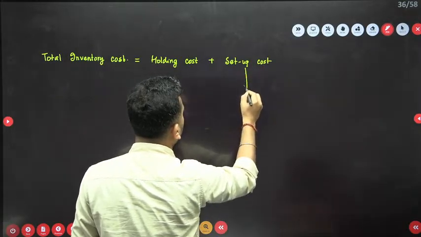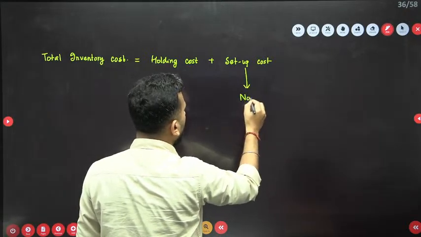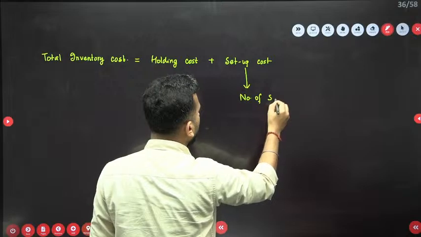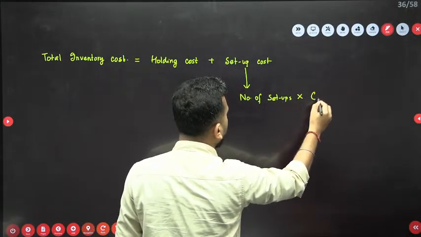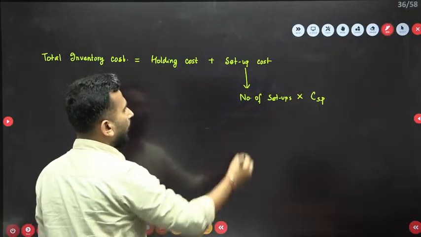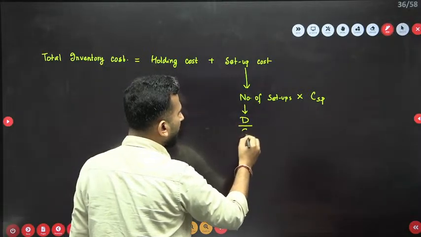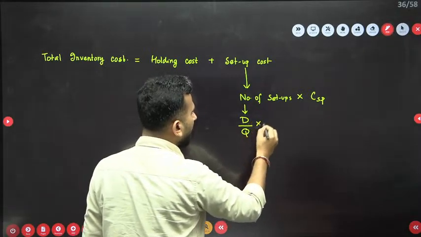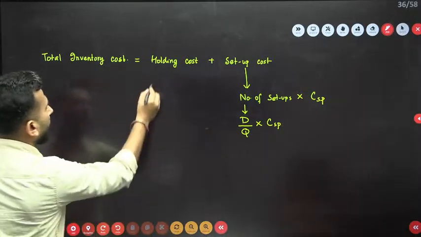So what is setup cost? Similar to ordering cost. There you write the number of orders, so here you will write the number of setups multiplied by the cost per setup, CSP. Total demand is D, on one setup you are producing Q, so D by Q number of setups into CSP. And what is holding cost?